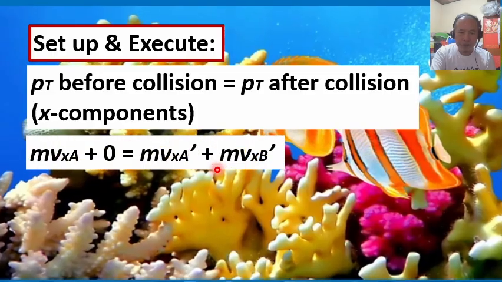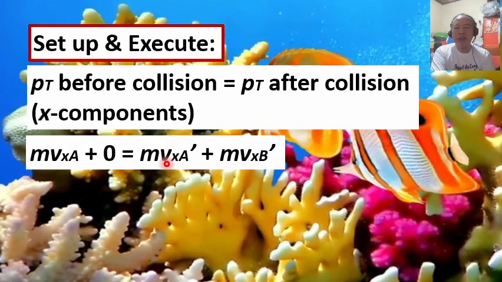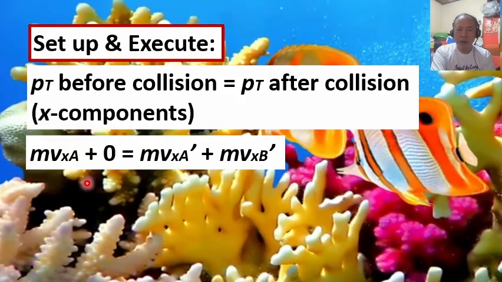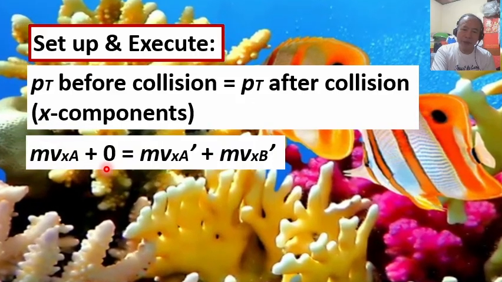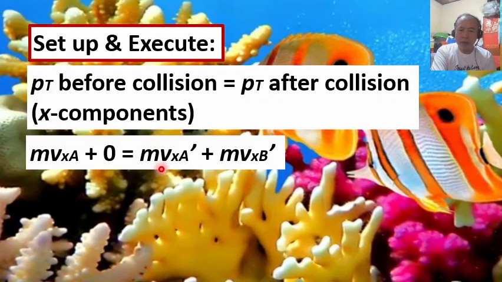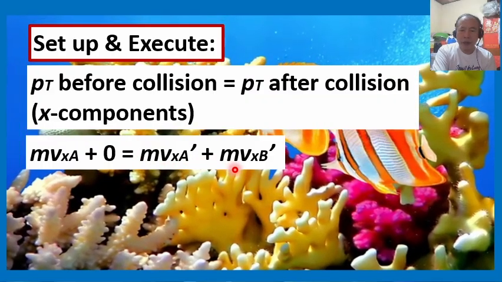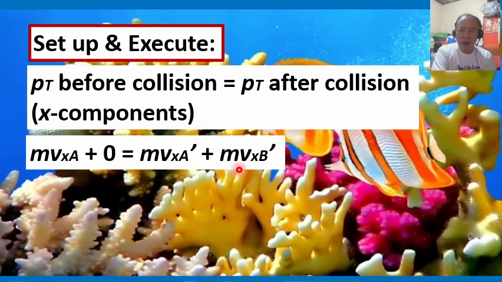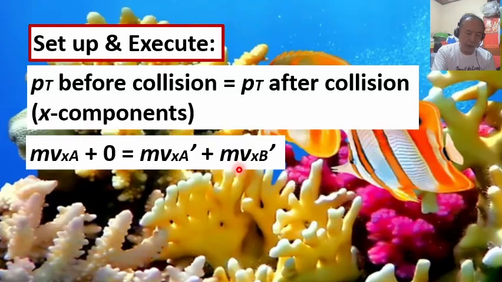So we set up this equation. m v x sub A plus 0 equals m v x A prime plus m v x B prime, right?